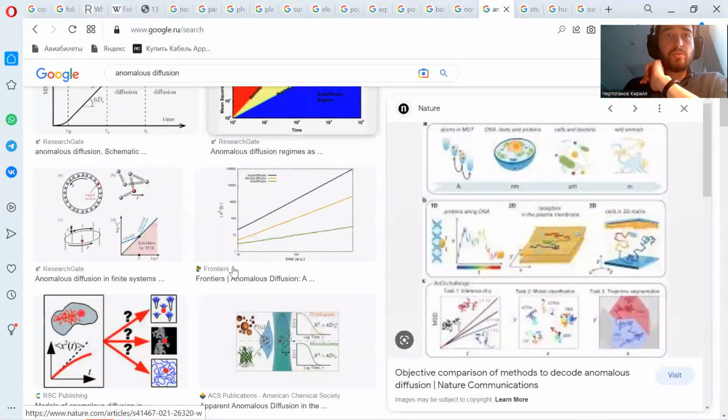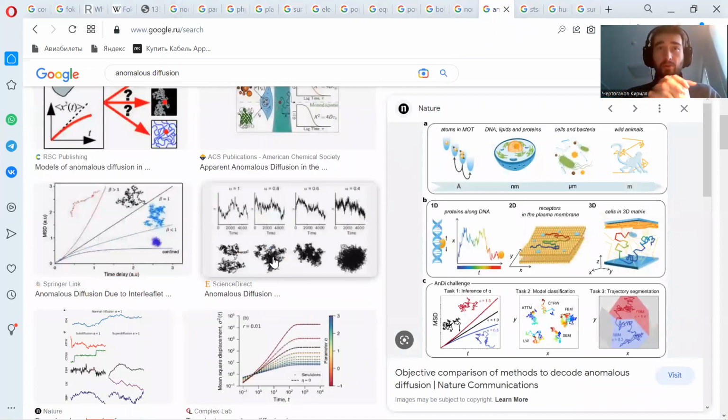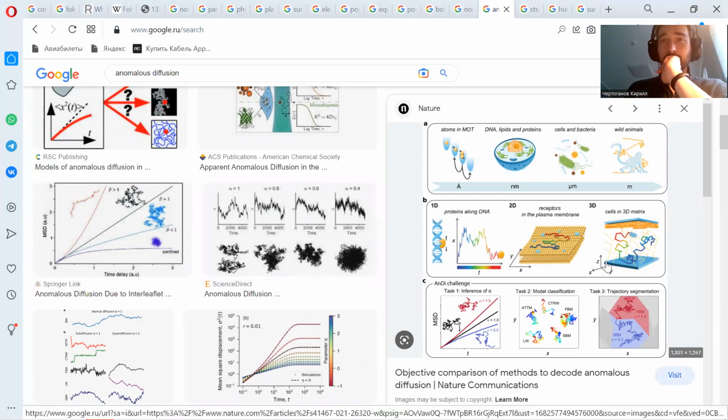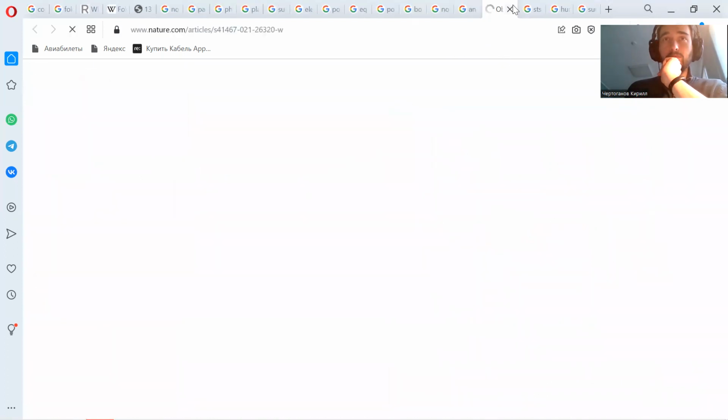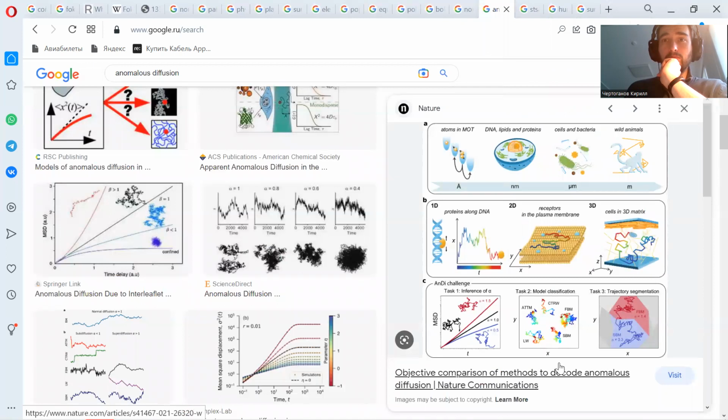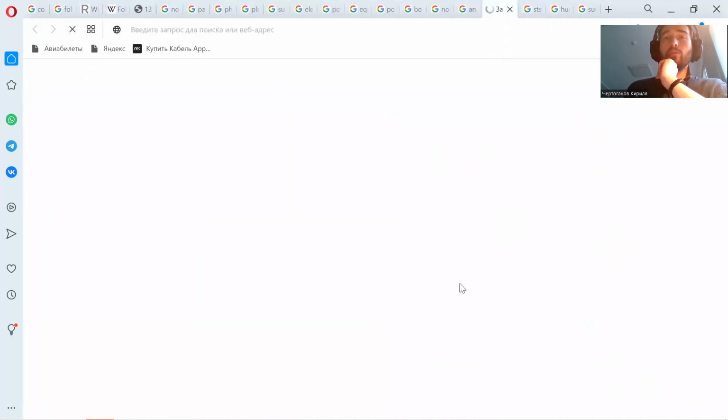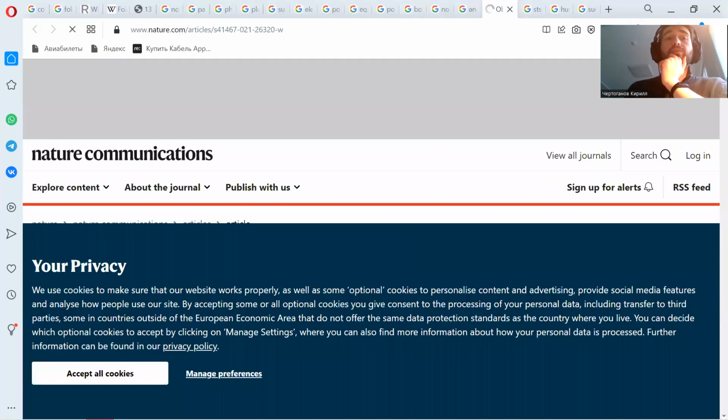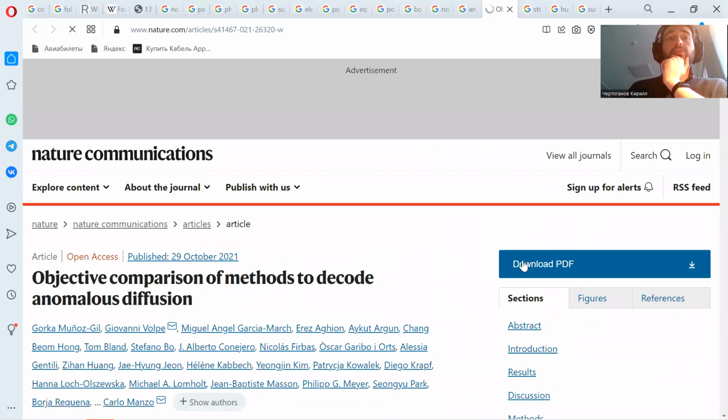So we have some diffusion, some particles go to other particles, and then like this. Quite anomalous distribution.